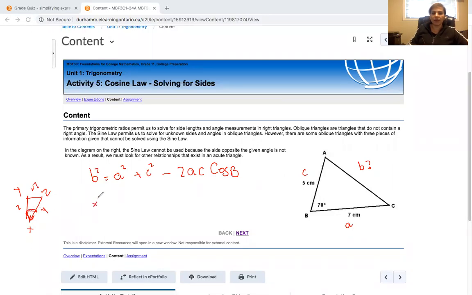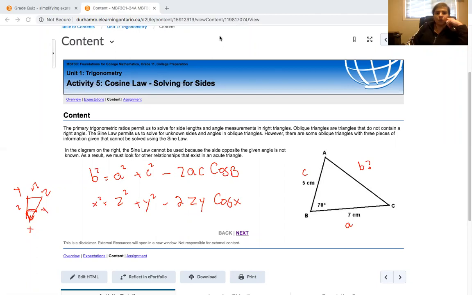The formula is going to be X squared equals, because that's what I'm looking for, Z squared plus Y squared minus 2ZY cos X. So no matter what letters you have, or no matter what information they've given you, as long as they have given you the two sides and the contained angle, then you can use this formula and you can change the letters the way that you need to change these letters.